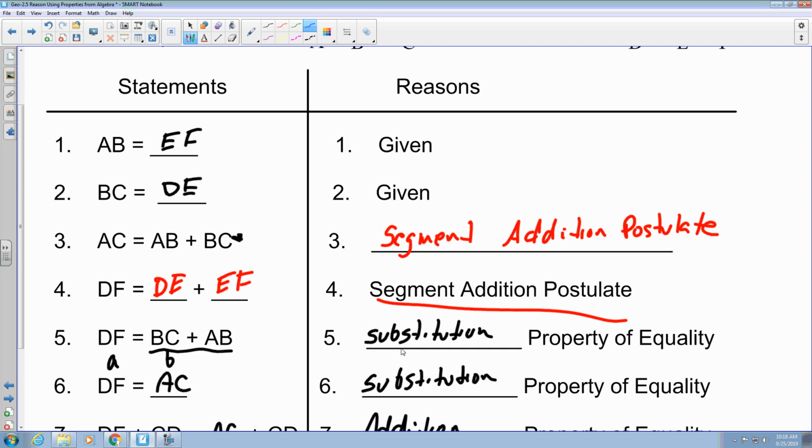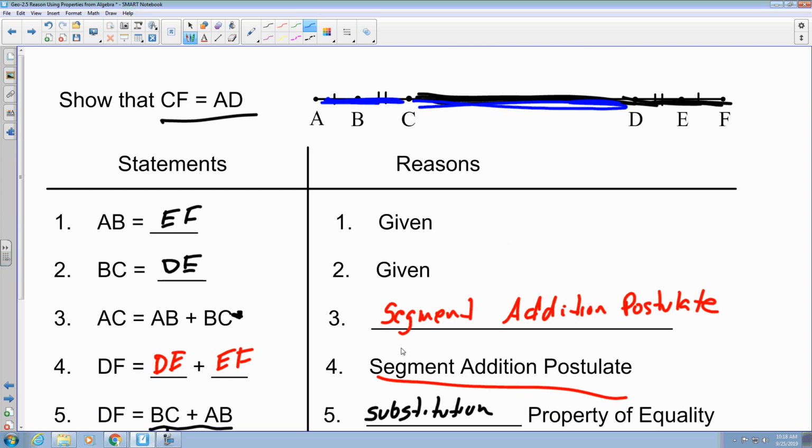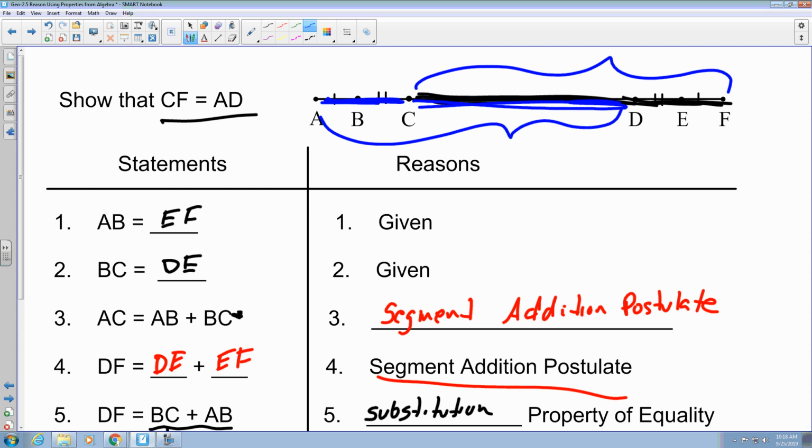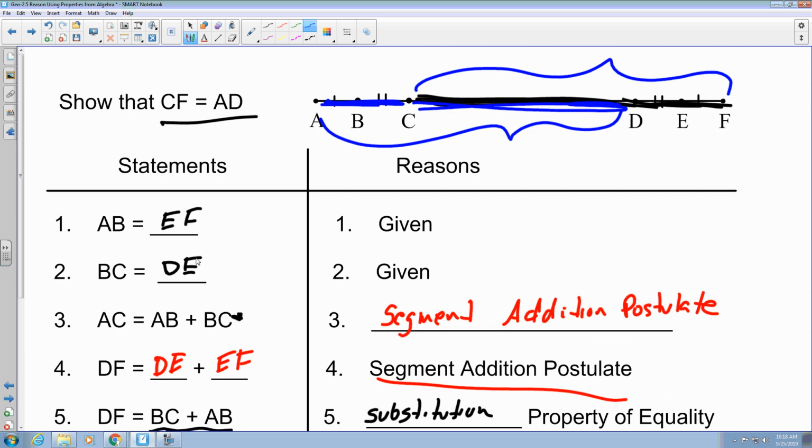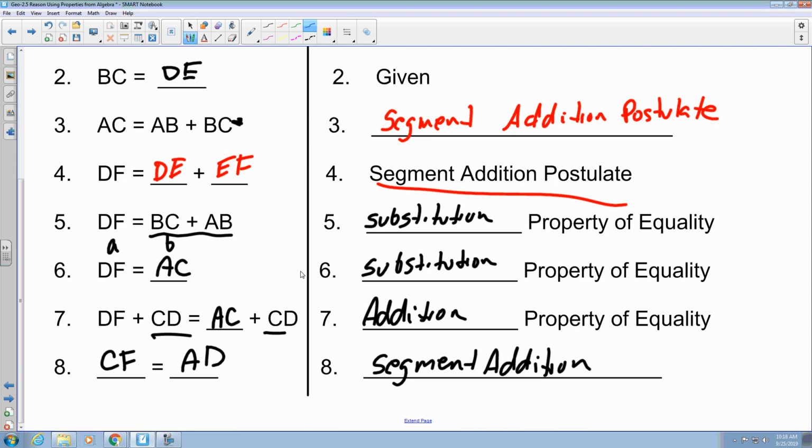So if those are equal, now we can make the conclusion that CF right here is equal to AD. Because see how the black and the blue. So that's how we were able to make that conclusion. And CF and AD are right there. That's what we're trying to show. And we made that proof.